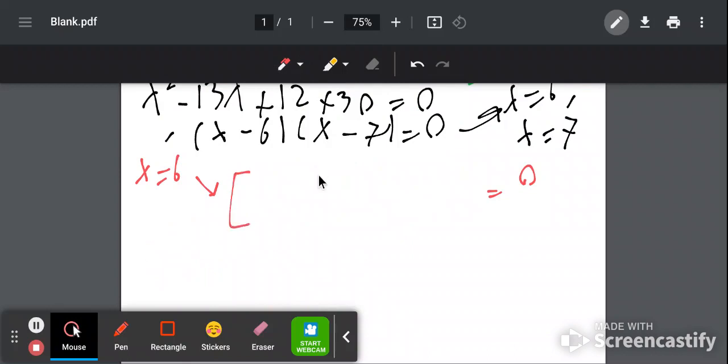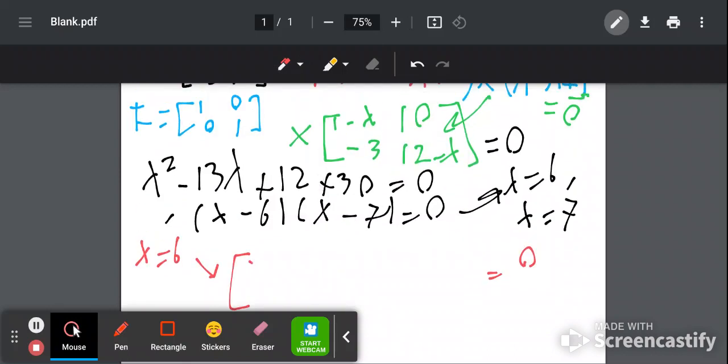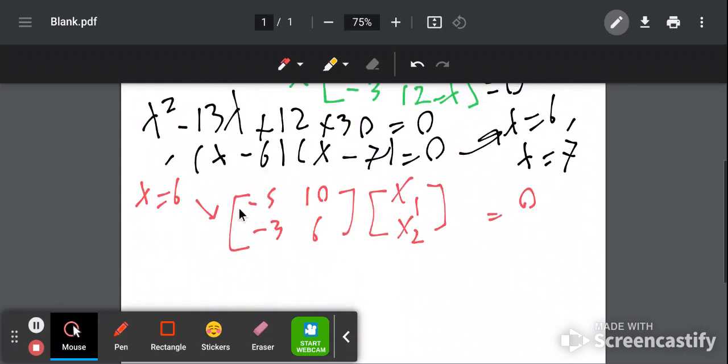This should actually be negative 5, negative 3, 10, 6, and then multiplied by the vector x, x1, x2. The reason is that this is a 2 by 2 matrix and this is a 2 by 1, and the number of columns of the first matrix has to match the number of rows of the second matrix for their product to exist.